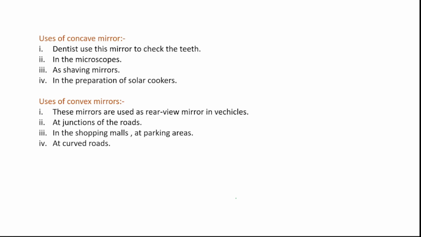Next, uses of concave mirrors. Concave mirrors are used by dentists to check the teeth, okay. They use the concave mirrors to check our teeth. And next, they are used in microscopes. They are used in shaving mirrors, and they are also used in preparation of solar cookers. Next, uses of convex mirrors. So convex mirrors are used as rear view mirrors in vehicles.